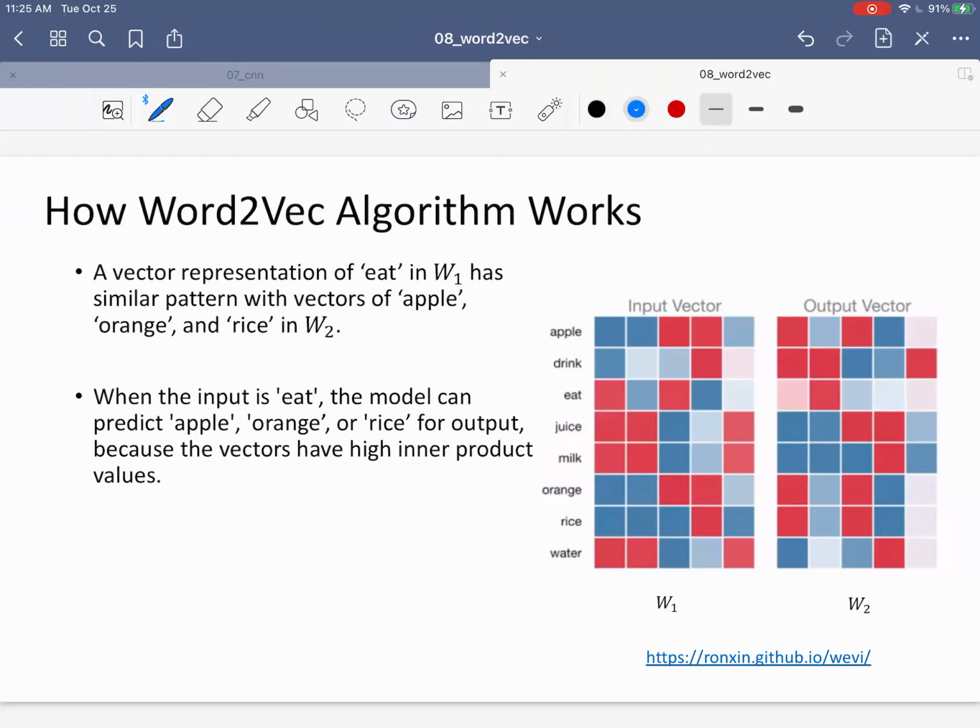So the original author used two different lookup embeddings, W1 and W2. They call them input vector and output vector, which is basically saying target and neighbor. But actually, if you train Word2Vec using just one lookup embedding, it still works pretty well. So it's just a technical detail.